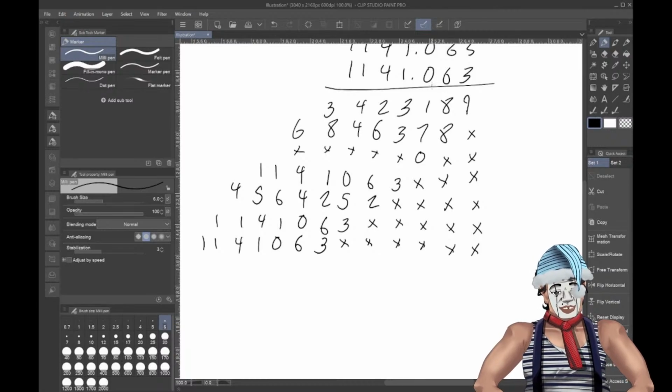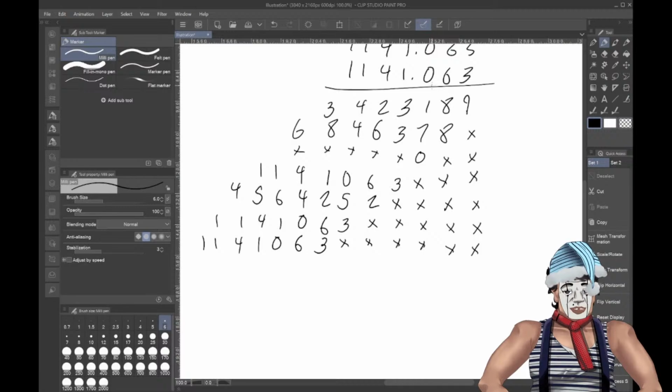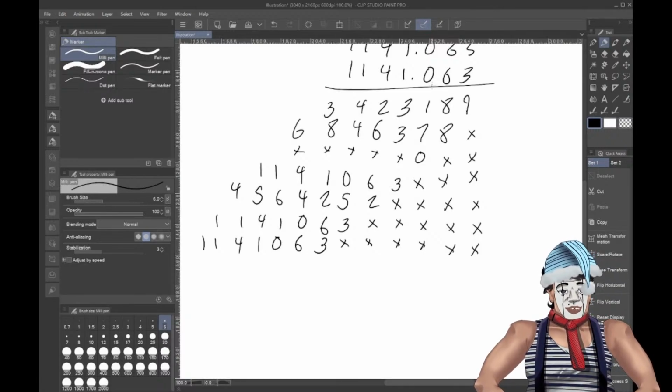Let's add them up. You got 9, you got 16, you got 9 again, 9 again, you got 12, plus 4, that's 16. You got 9 plus 8, which is 17.